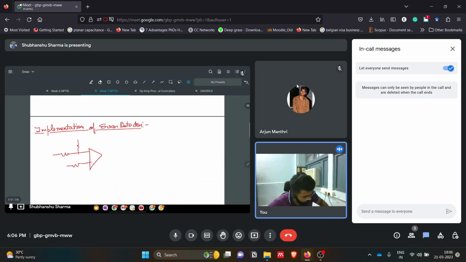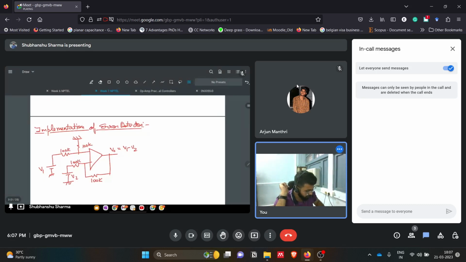So we realized this using a simple differential amplifier, which basically takes the difference of the input signals that we are giving it. This is V1, this is V2. So these are two input signals, and we give them to a differential amplifier having a gain of 1, with all the resistors equal, 100K.